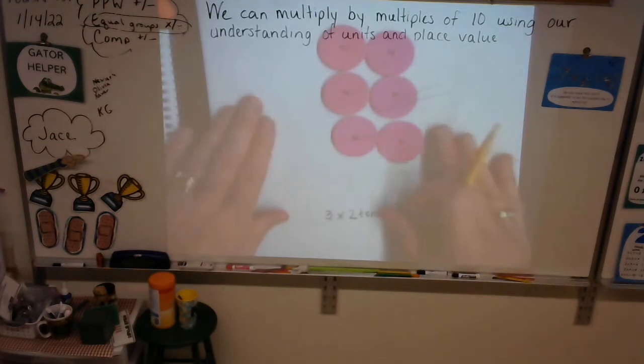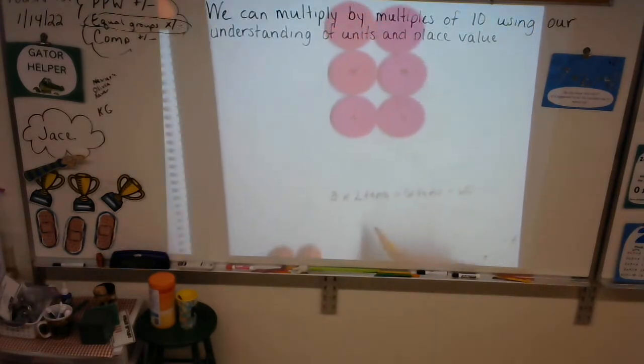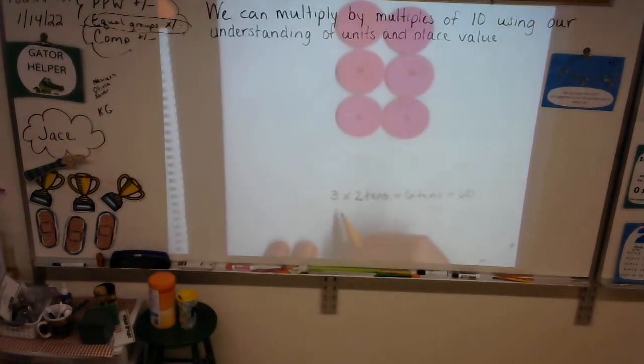Okay? Now, how else could we write this? Well, we could also write, it's really important to put this on your paper, 3 times 2 tens. We've got 3 rows, our units are 2 tens, that equals 6 tens, that equals 60.